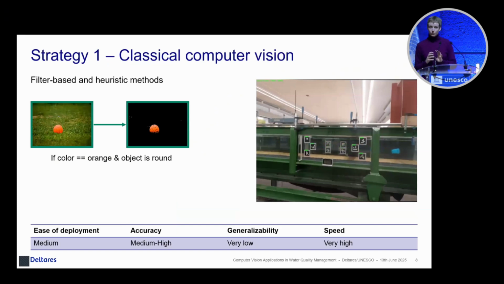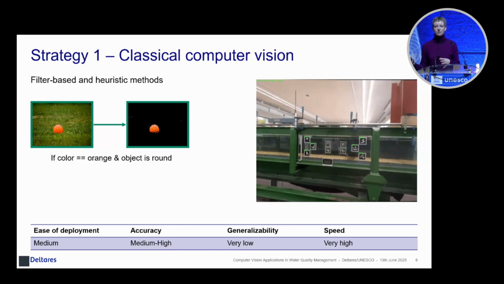For the classical computer vision method, we used filter-based methods that detected features frame by frame. And filters were like color filtering. For example, here, blue worked pretty well for the blue cup, but also filtering on geometry. This worked very well for specific, more simple plastic types.